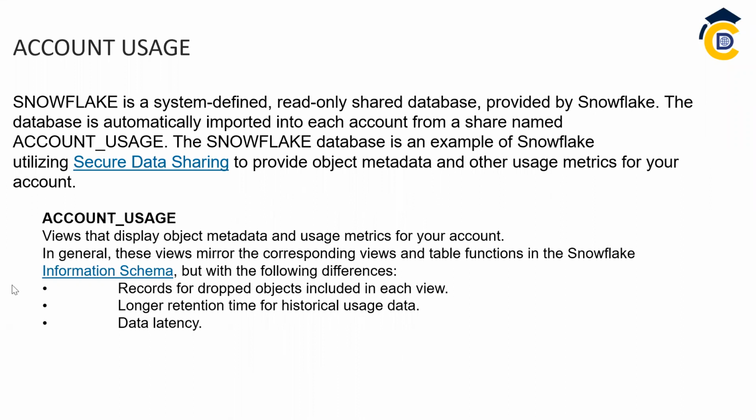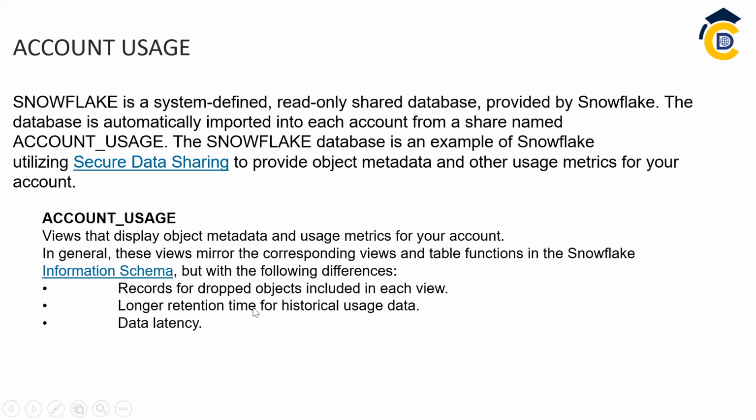For example, records for dropped objects are included in each view. It means if you drop a particular object from your database, that metadata will no longer be visible in information schema, but the historical metadata will still be visible in account usage. We'll see that also.